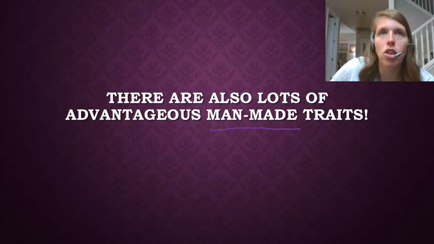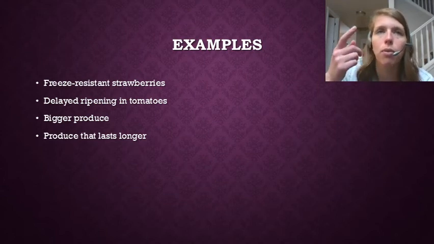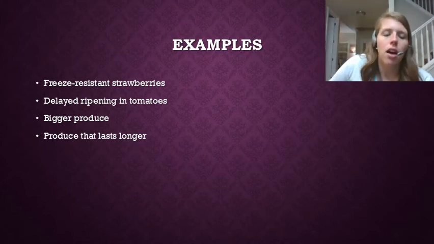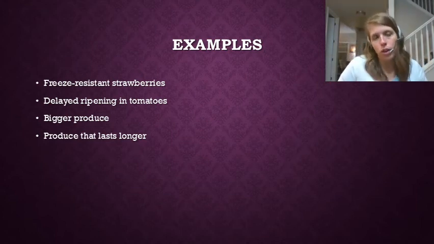Okay, so as humans, we are engineers, we are scientists, and we have made lots of advantageous man-made traits. A couple of examples that I can think of, and you guys know this: we breed dogs, breed horses, breed cows to make more milk, breed different types of plants to help make plants grow, like corn, for example.